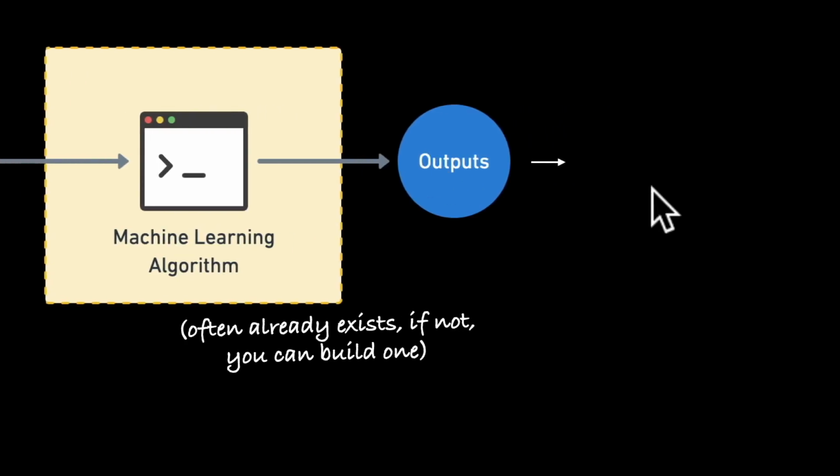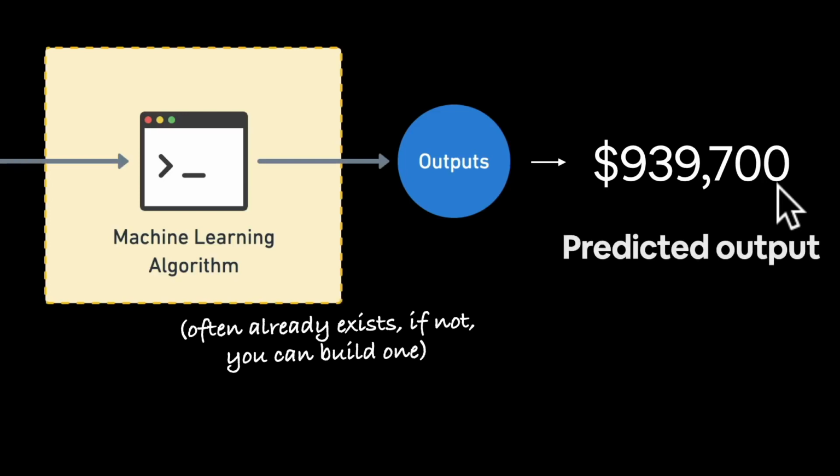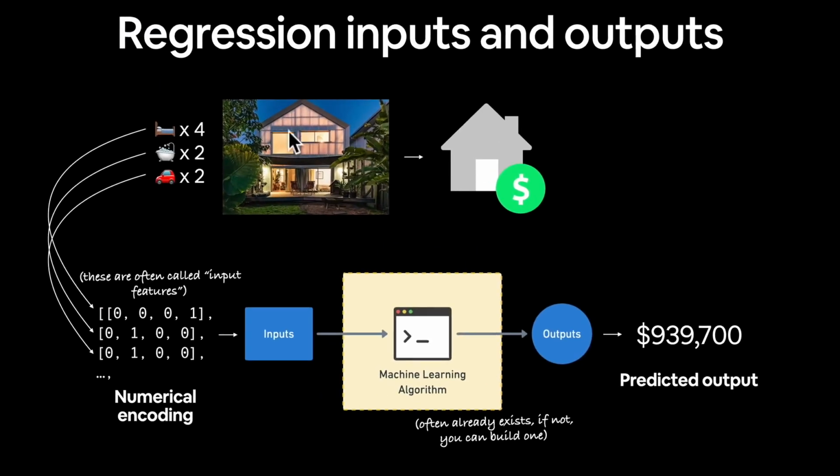And finally, if we have a look at what our outputs might be, if we're trying to predict the sale price of this house here, based on the fact that it has 4 bedrooms, 2 bathrooms, 2 car spots, and it's on a pretty big piece of land, if we wanted to make an offer, we're using our algorithm to figure out how much we should offer at auction. Our algorithm's telling us we should offer $939,700.